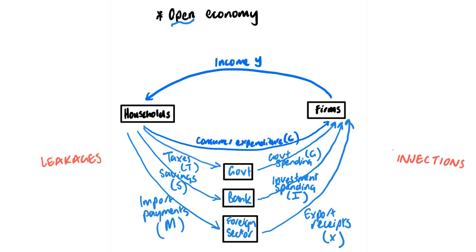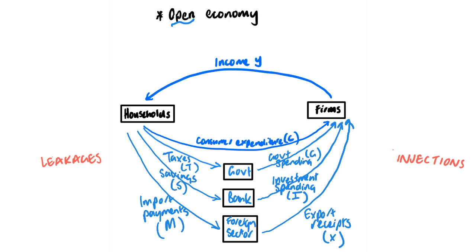Okay, so we have our main flow, the income, consumer expenditure, but from that we have our leakages and injections. The leakages and injections don't have to balance. So, for example, if the government decided it was going to run a budget deficit and increase its spending or maybe decrease tax rates, that would lead to an increase in that income flow and the economy would be expanding.